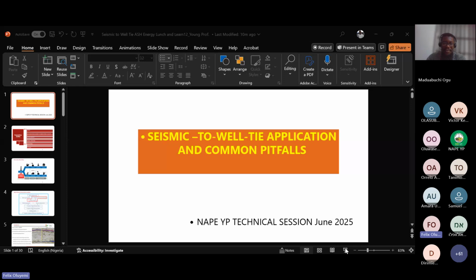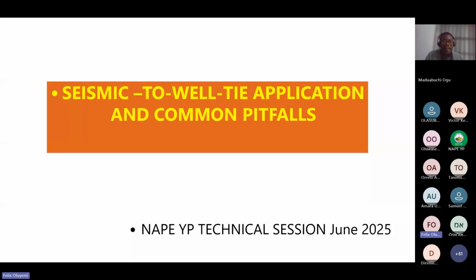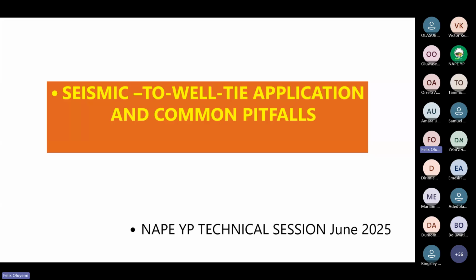All right, so we'll be looking into one of the major aspects of seismic interpretation. It's the link between when you've loaded your seismic data and before you kickstart your horizon interpretation or structural interpretation. Without this link, yes, you can go ahead, but you might just be doing garbage in, garbage out.